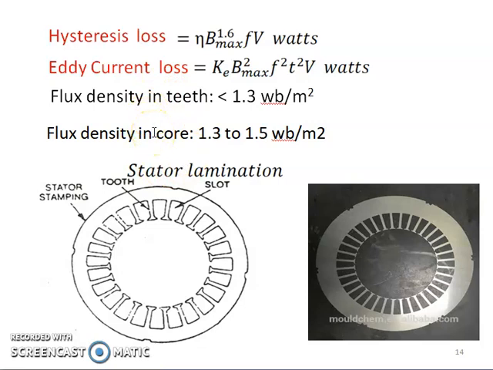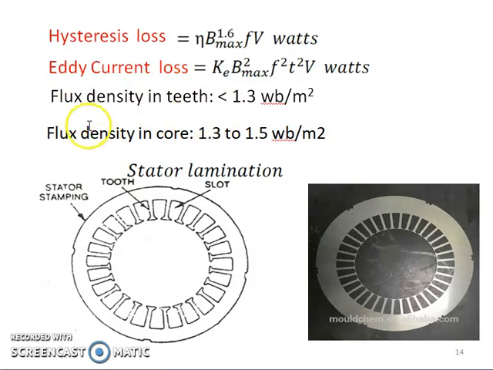There is some limitation in choosing the area of teeth section depending upon the number of stator slots and slot pitch. The teeth section will be either small or large, and when the teeth section becomes small, flux density at the teeth will be more.